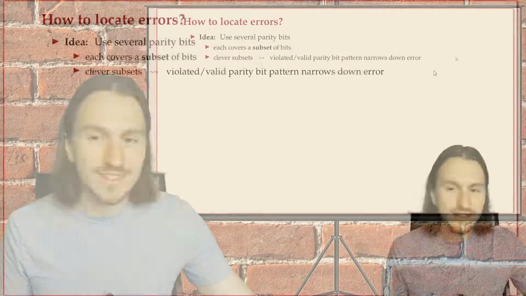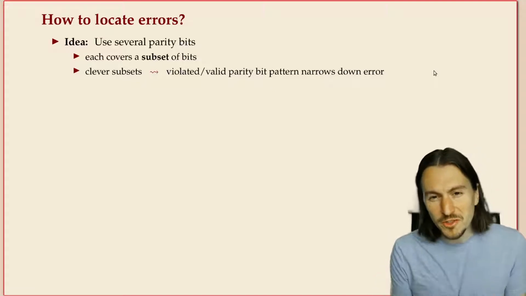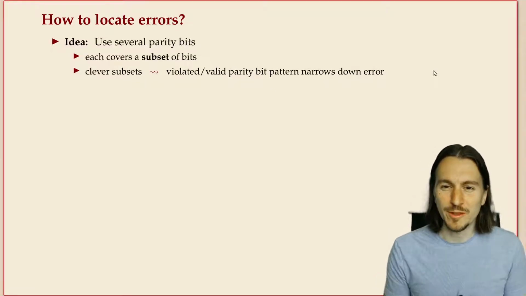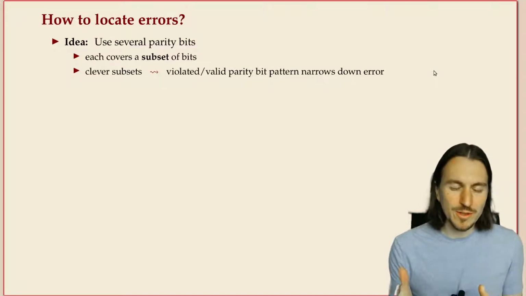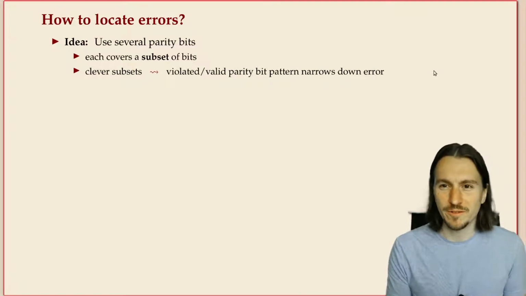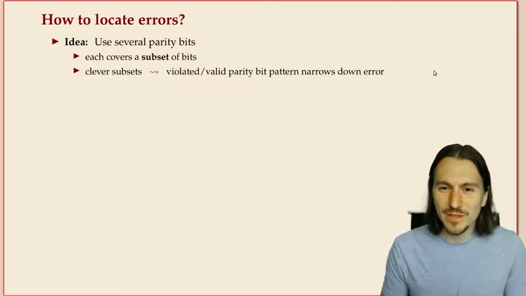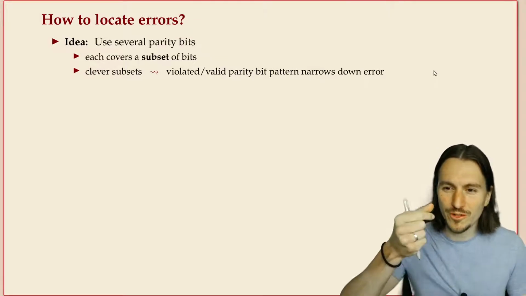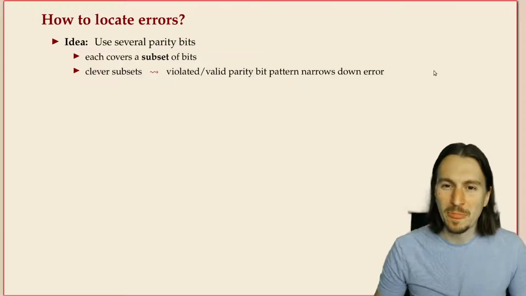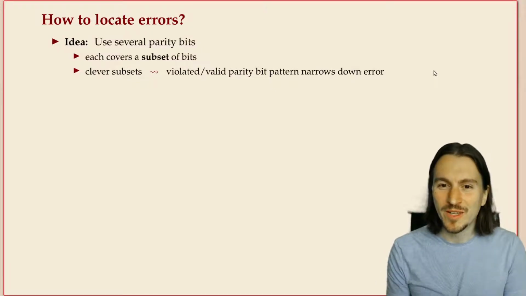The conceptual idea is we want to use parity bits, not just one, that can't be enough, but several of them. And we want to somehow use the parity bits to locate errors. If we have a single bit error, then it's basically enough to know where the bit error occurred. Then we can just flip it again, and that undoes the mistake.